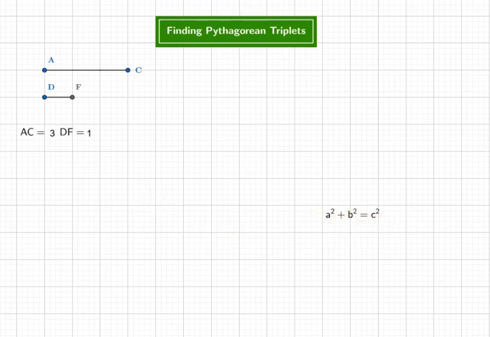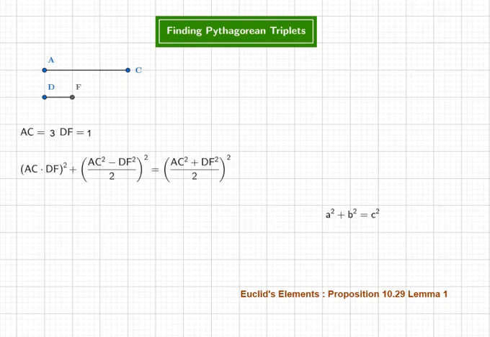So what Euclid does, in proposition 10.29 lemma 1, is explain how to find this. And what he concludes is that if we use this formula, of course, he doesn't say formula, but he arrives at this way of identifying these numbers.